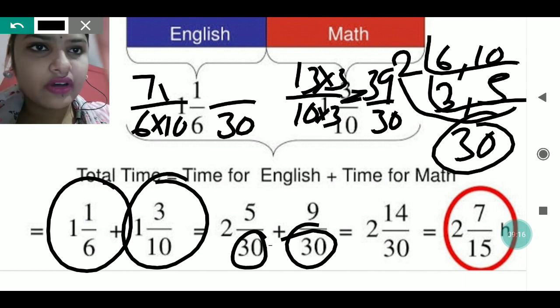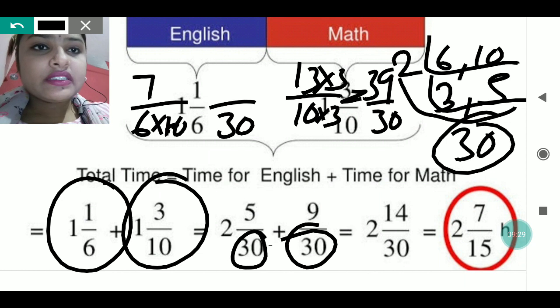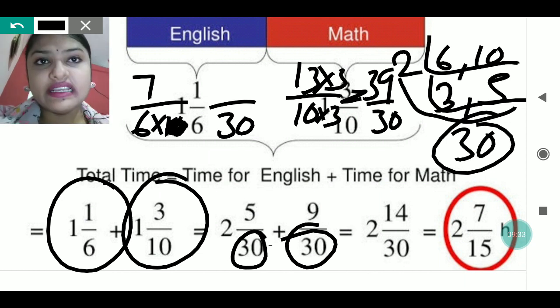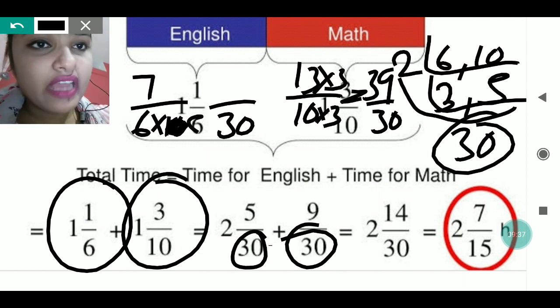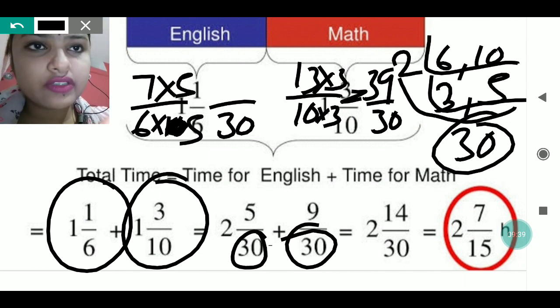Here we have done wrong. Here we have to do what? Suppose 6 into what you will do, then you will get 30. 6 into 5, when I am doing, I am getting 30. So upside also with 5. So 7 5s are 35.